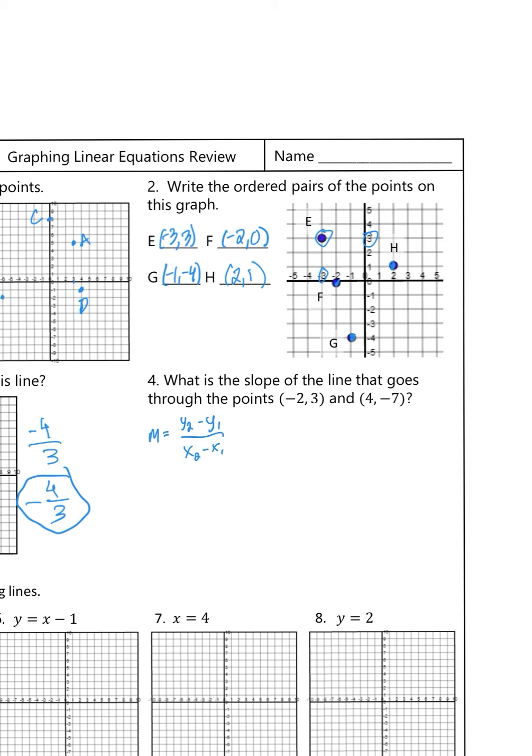If I go ahead and plug this into the formula by labeling these x1, y1, x2, y2, because you're labeling the first x and y and the second x and y, then I would fill this in by saying -7 minus 3 over 4 minus -2.